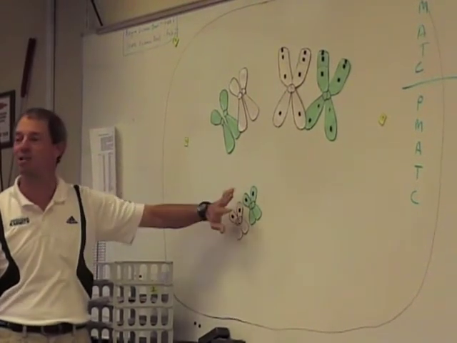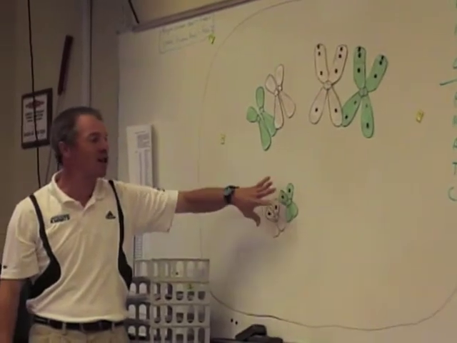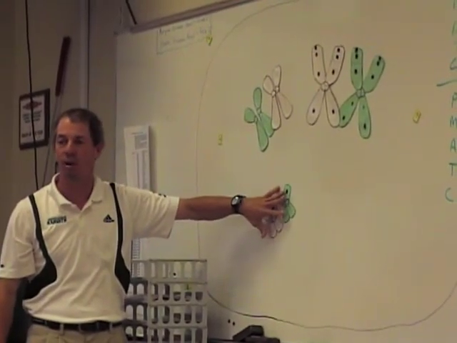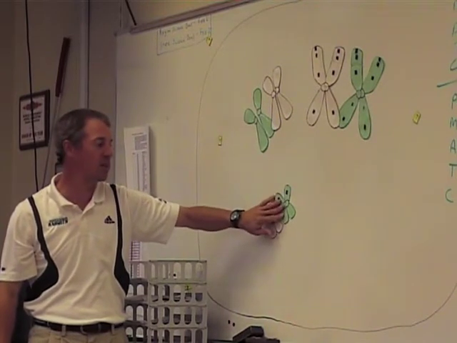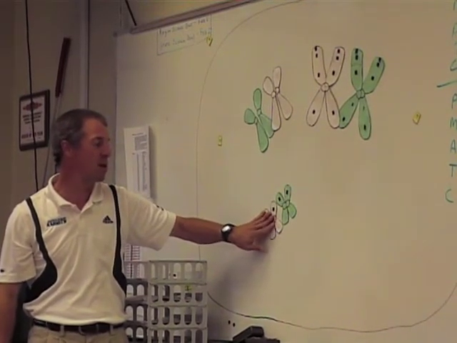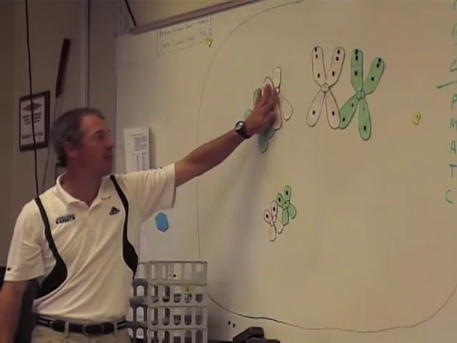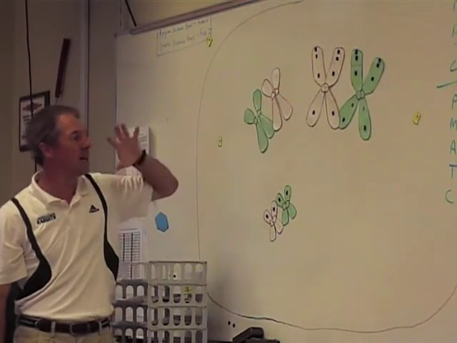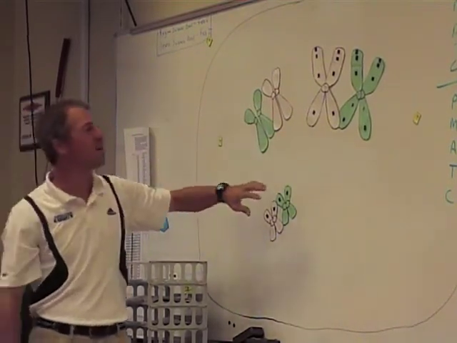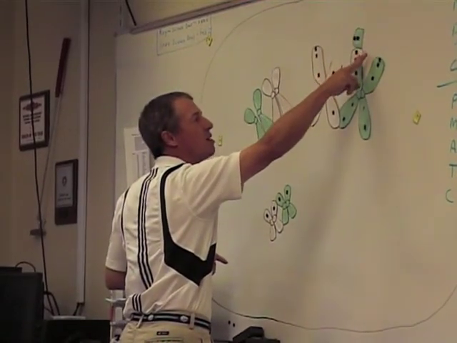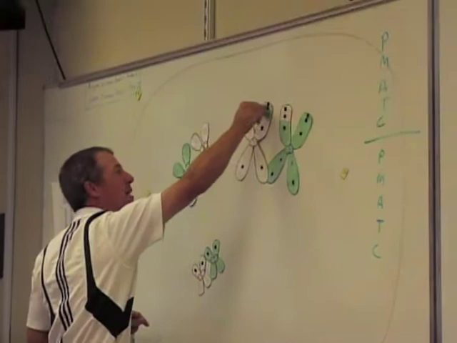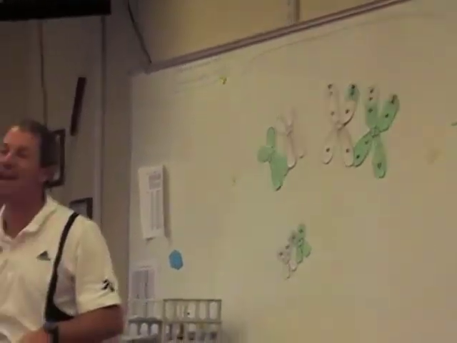It's also called a tetrad. It's also called a homologous pair. You can just call them homologous pairs. They have 3 names: bivalent, tetrad, or homologous pair. Those come together and exchange genetic information. That's called crossing over. That's our first source of variation.